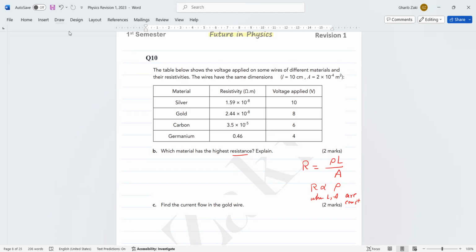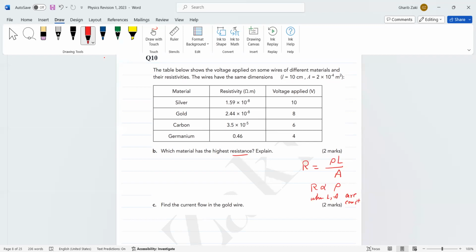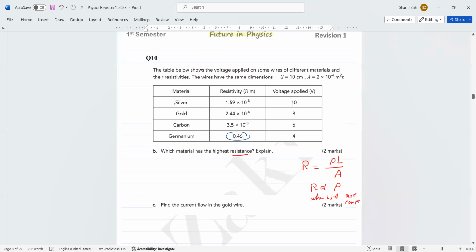So which material has the highest resistivity? You know that it is germanium. So germanium has the highest resistivity, so it has the highest resistance. So the answer is germanium. Why? Because R is proportional to rho when L and A are constant.